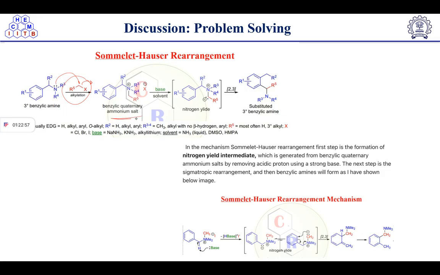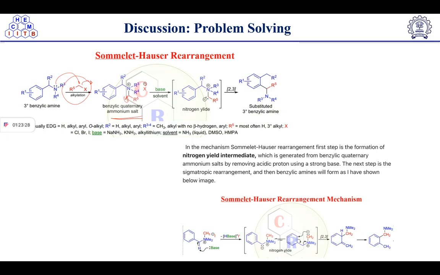We'll get this benzyl quaternary ammonium salt as an intermediate. Then we have a base also. The base will abstract the acidic proton. So here it will abstract the proton from here. And a negative charge will generate here, which is known as a nitrogen ylide. Okay. And this ylide will undergo a rearrangement to give the substituted tertiary benzylic amine.